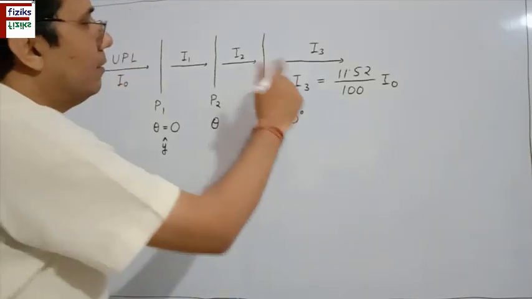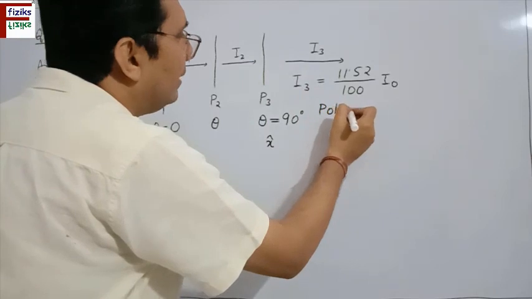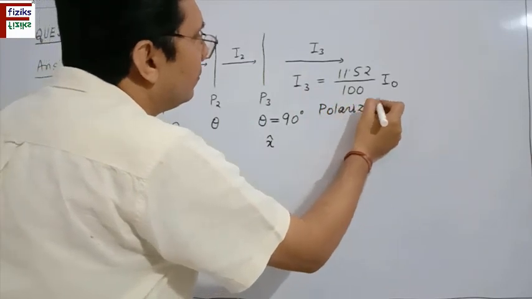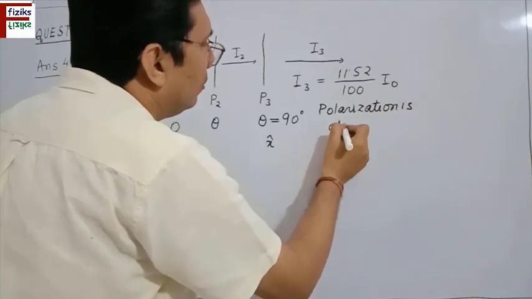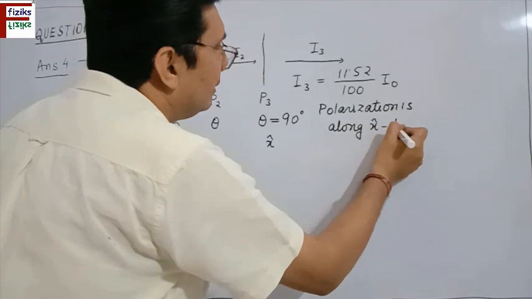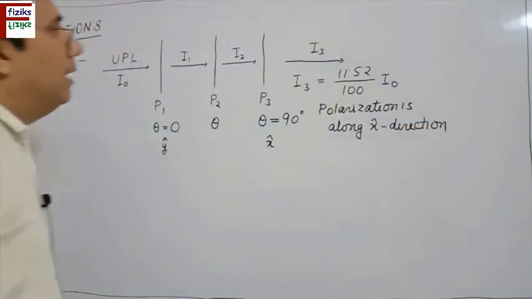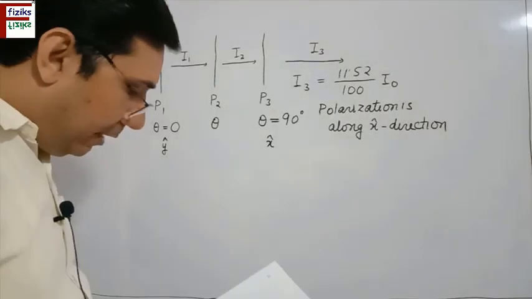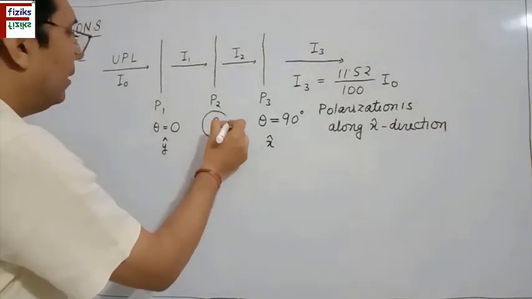So the polarization of the emerging light is along the x direction. This is one part. And in the second part, we have to find out the value of theta.